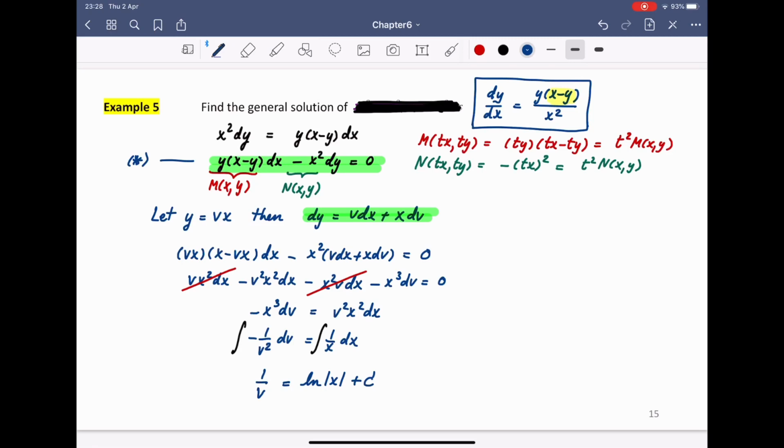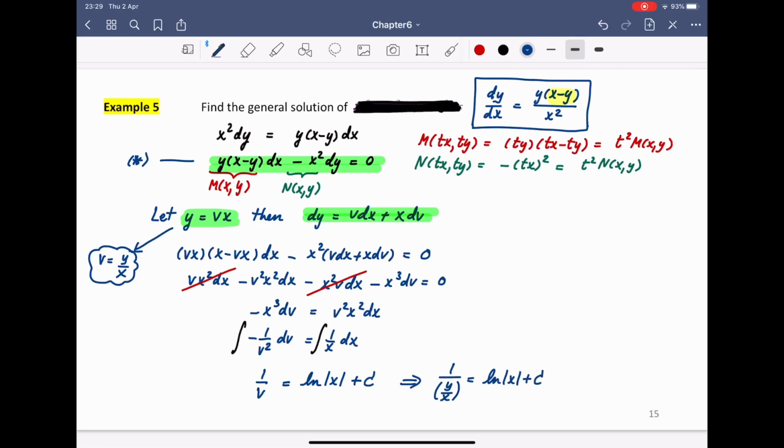So now this is your general solution in terms of x and v, and you have to convert back to y. Because you started from y equal to v times x, that means v equal to y over x. So you substitute it back here, and you get 1 over y over x equal to logarithm of absolute x plus c.